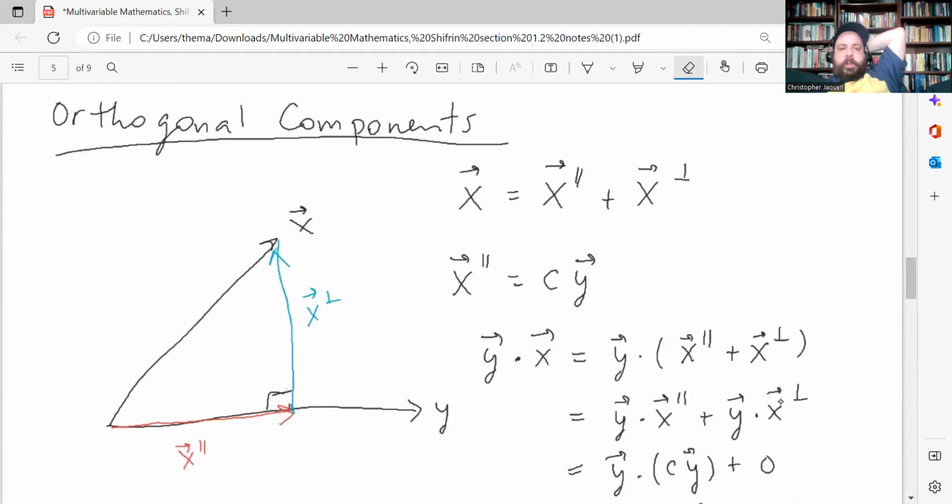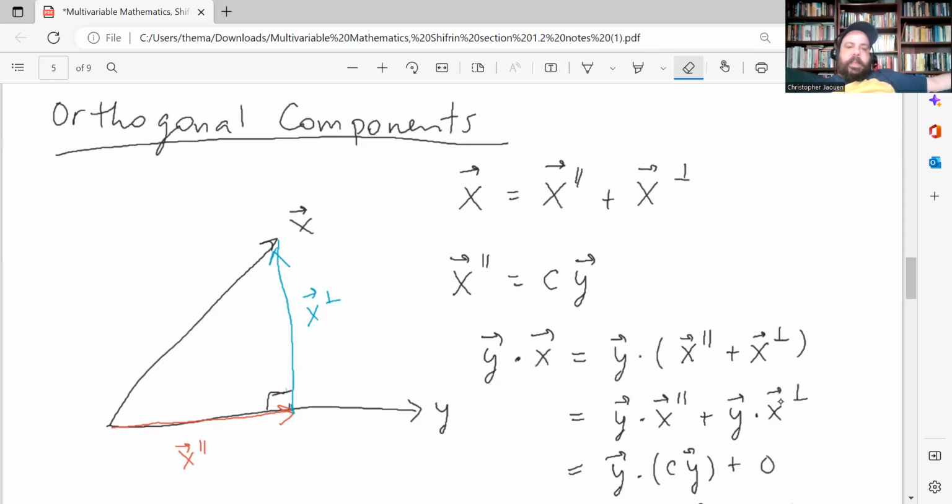So orthogonality is actually very important in linear algebra and coordinate systems. We want to know how to decompose a vector into a sum of vectors, one of which is parallel to some other vector, plus a vector that's perpendicular or orthogonal to the other vector.